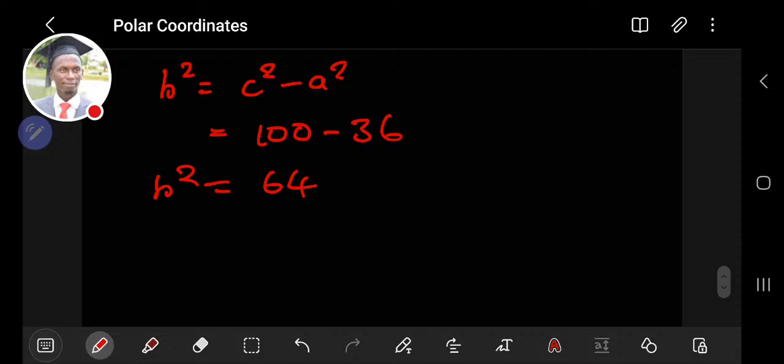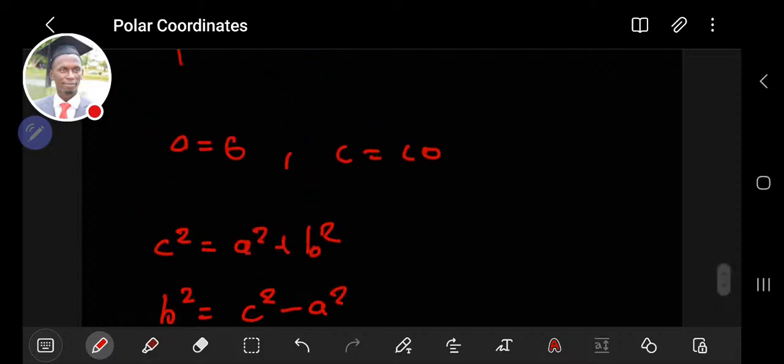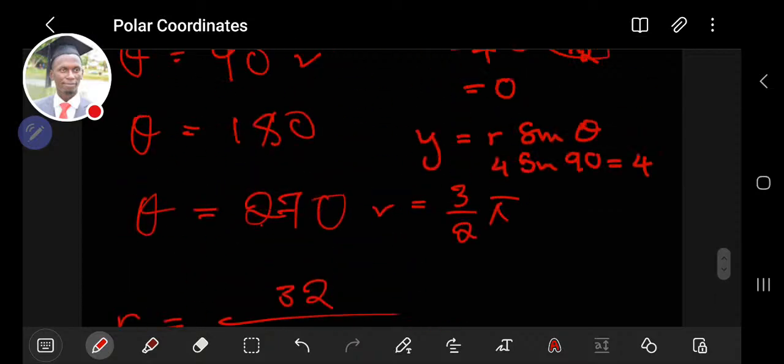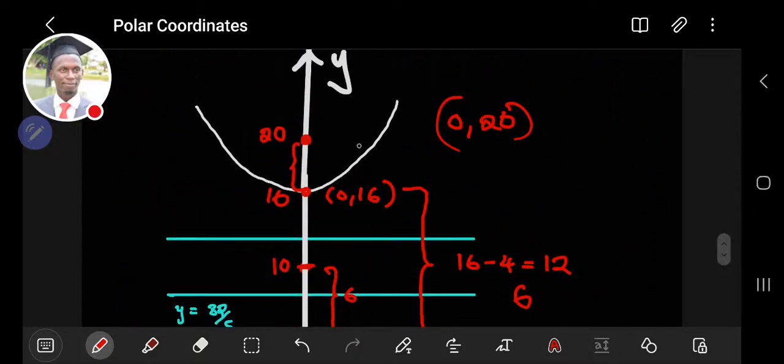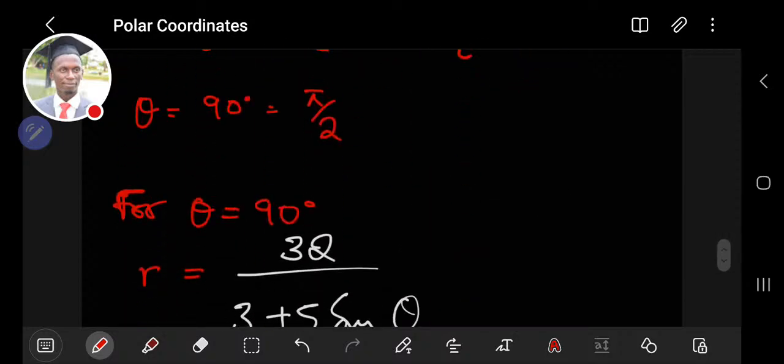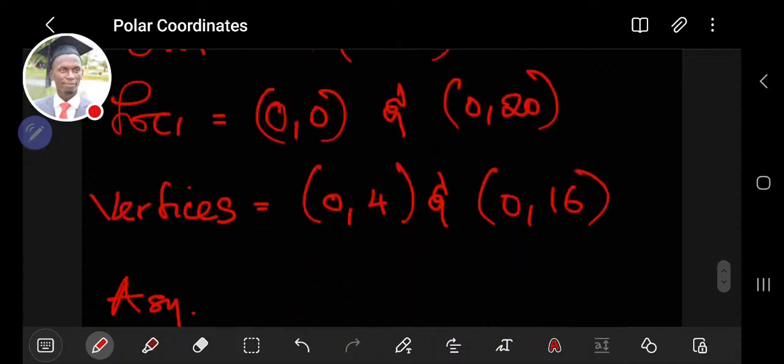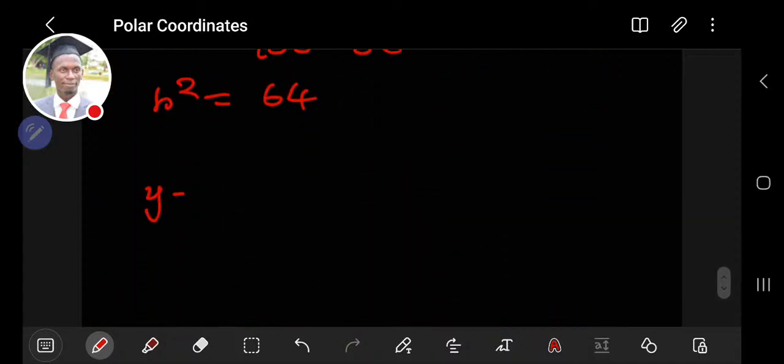Being a hyperbola opening in the vertical axis, it's going to be y minus, and the center is shifted in the y-axis. The y value has been moved vertically upwards 10 units. I'm writing the expression in Cartesian form.